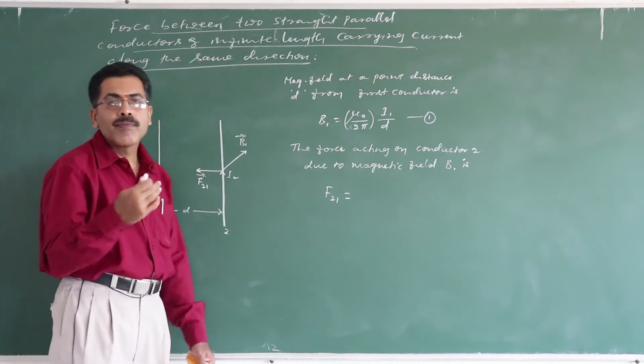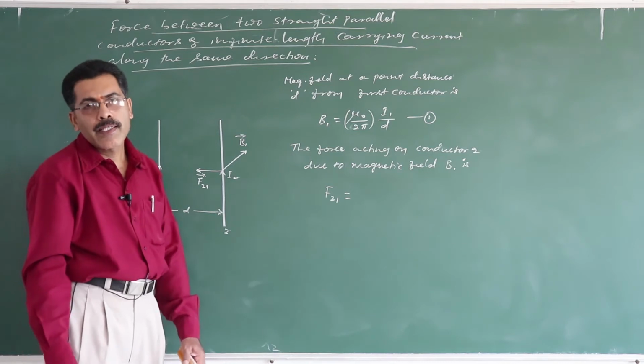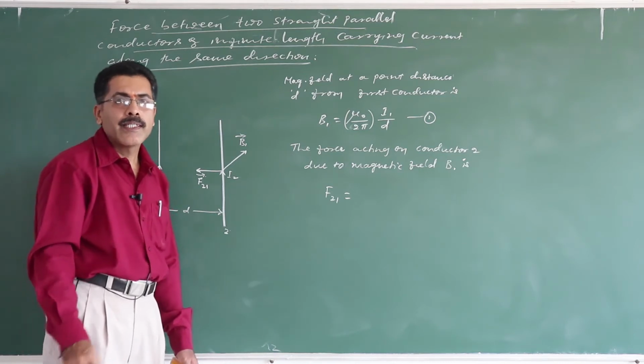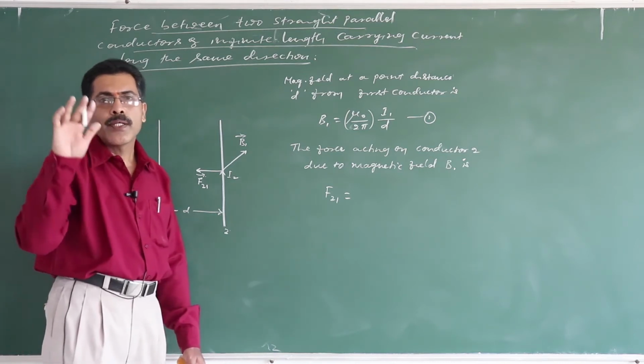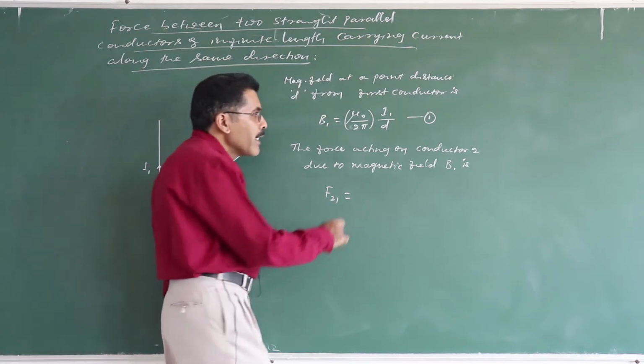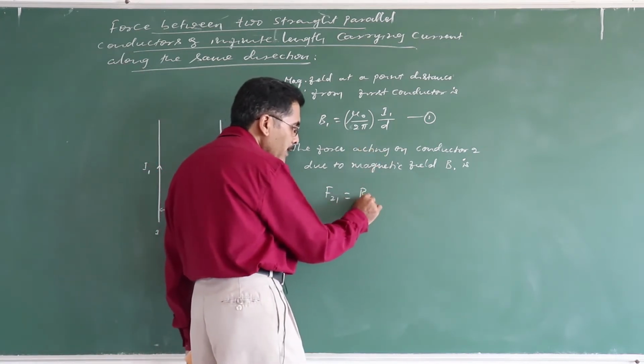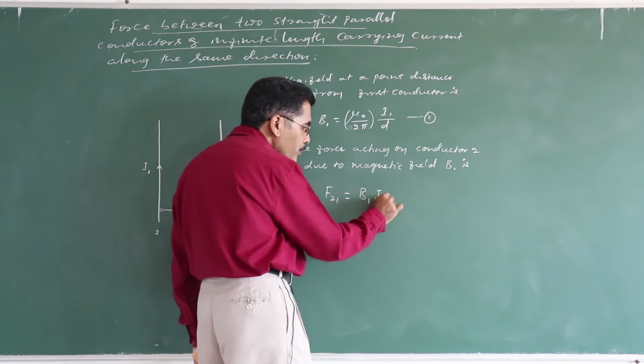So what is the maximum force experienced by a current carrying conductor in the magnetic field? It is B into I into L. Here, in place of B I, I write B1, I2, L.